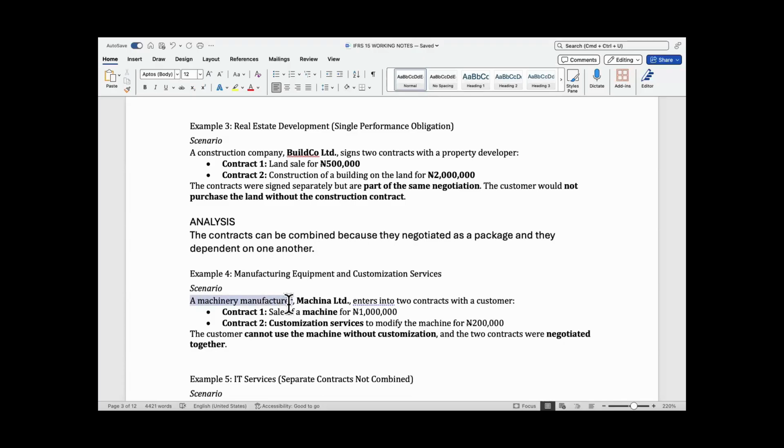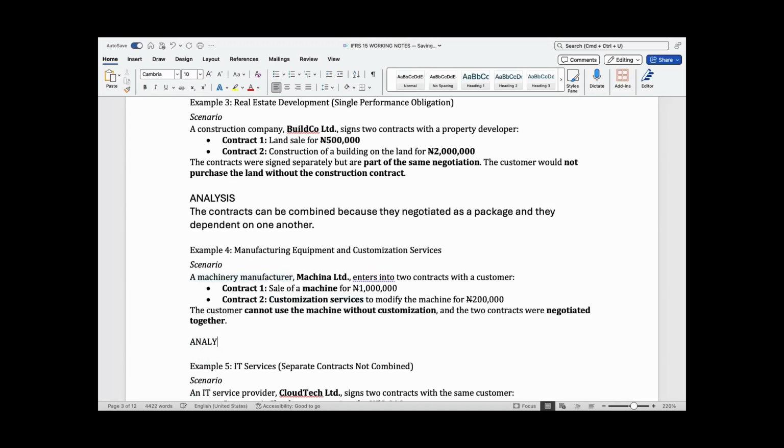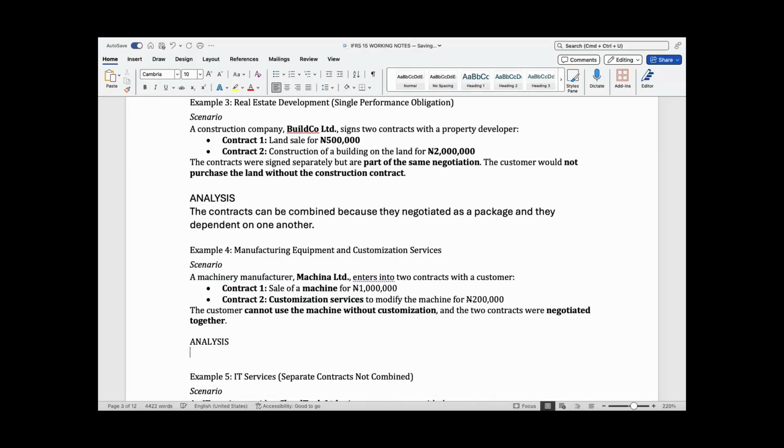We also have a machinery manufacturer, Machine Limited, enters into 2 contracts with the customers. Contract 1 is sale of a machine for 1 million. Contract 2 is customization services to modify the machine for 200,000. The customer cannot use the machine without customization, and the 2 contracts were negotiated together.